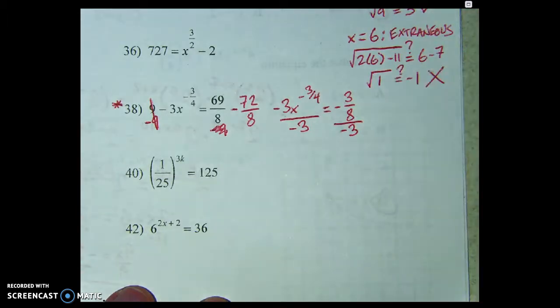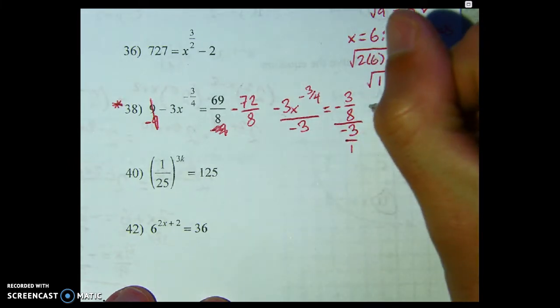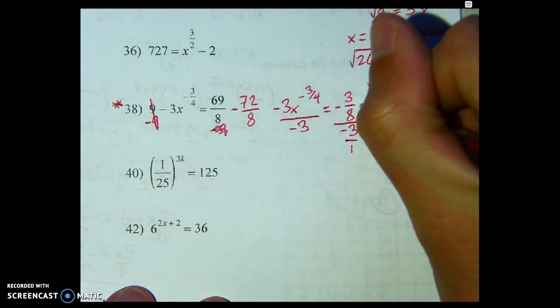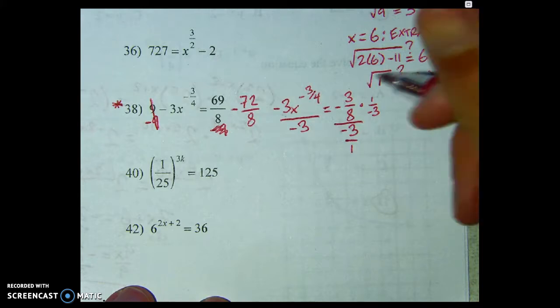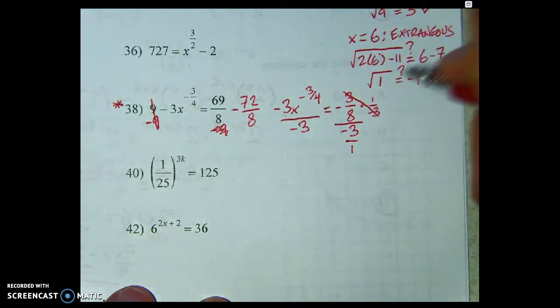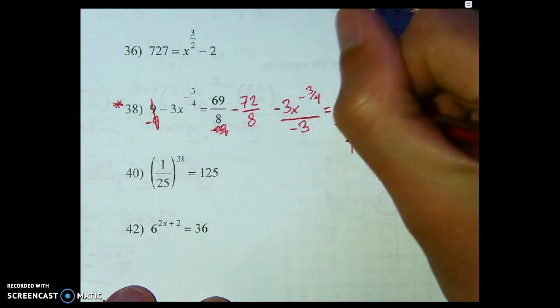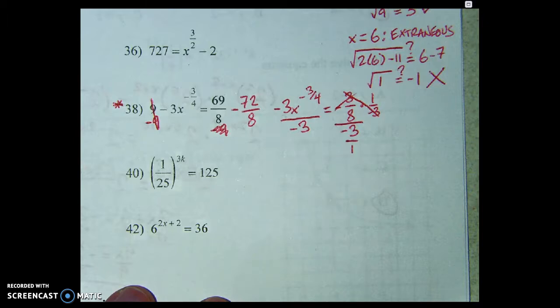Dividing negative 3/8 by negative 3 over 1 is the same as multiplying negative 3/8 by the reciprocal of that, which is 1 over negative 3. And when we do that, we can see that the negative 3's are actually going to cancel each other out, and that negative goes away too, right? And we're left with just 1 over 8. So there's a lot going on there, guys.